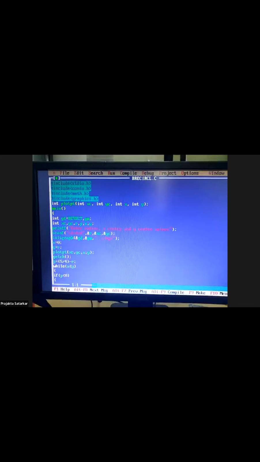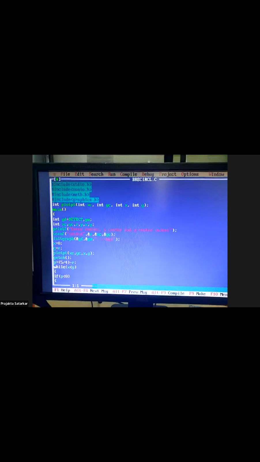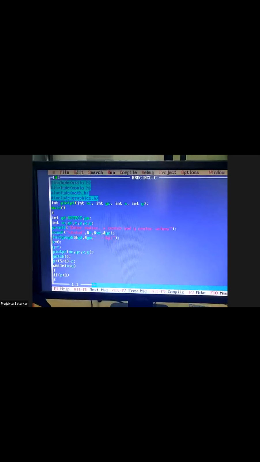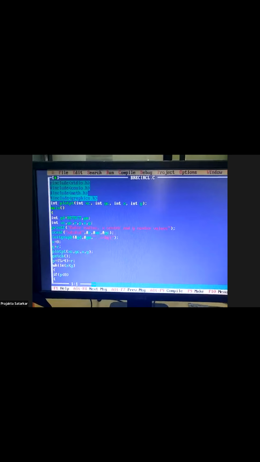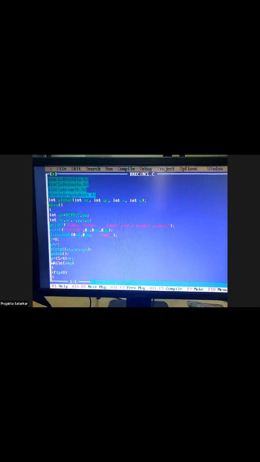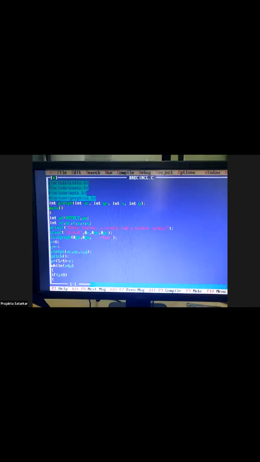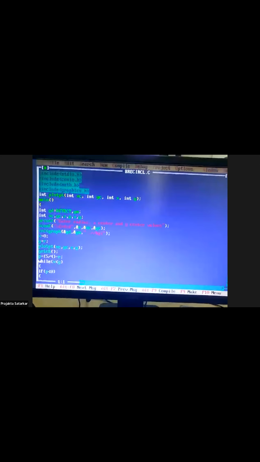In our case, we are using d as the decision parameter. Initially d is set to 3 minus 2r. It is a constant value and you can use either; here I have taken 5 by 4 minus r. You can take 3 minus 2r also, and it will give you the same output.